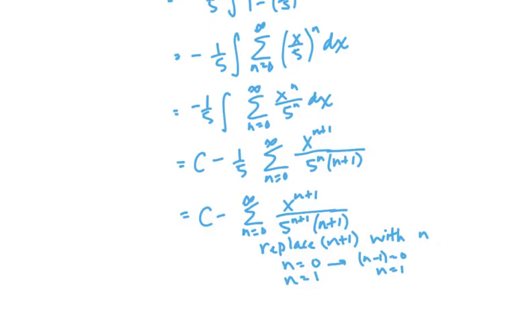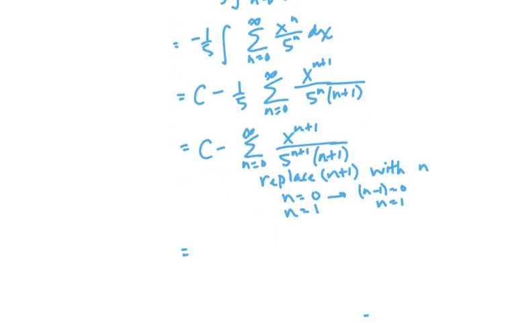So n equals 1. So we end up with c minus the sum from n equals 1 to infinity. You have to start at 1 because we're replacing all of those x to the n over n times 5 to the n.